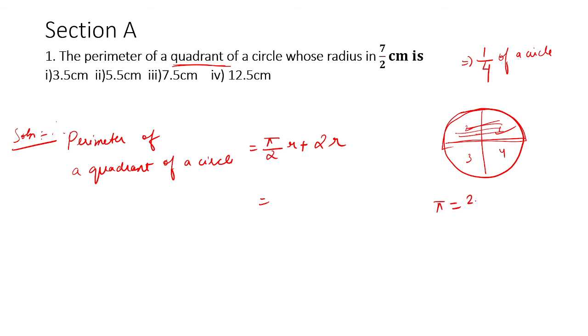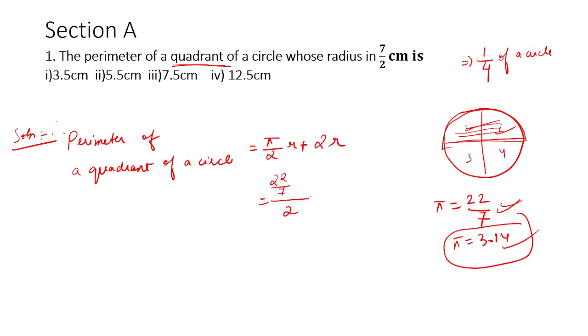Only if they have given us a hint like 3.14, try to stick with that. If not, try to stick with 22/7. So I can write this as 22/7 divided by 2. What is radius? 7/2 centimeter, plus 2 into 7/2 centimeter. Sorry, this is plus.